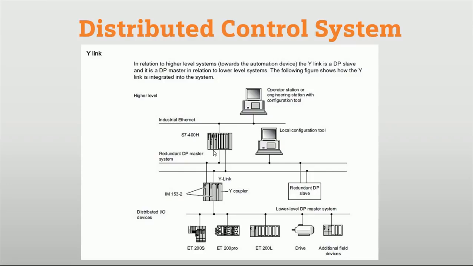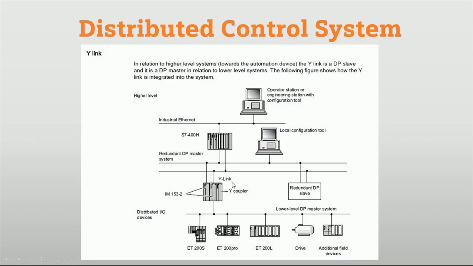In the last we have the Y-link. This Y-link is used for making redundancy with the communication link. You can see here we have the operating station, and this is the local configuration tool for programming or parameterization, and here we have the automation station or master control. With the automation station we have made two links, and these two links are connected in a Y shape.